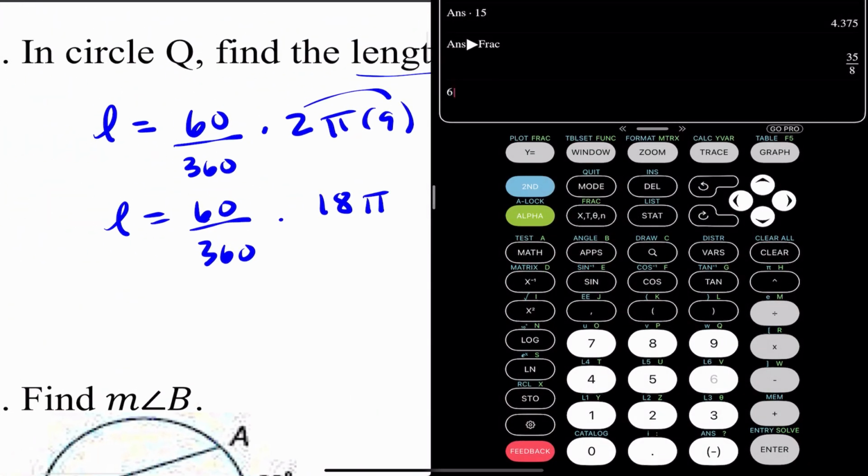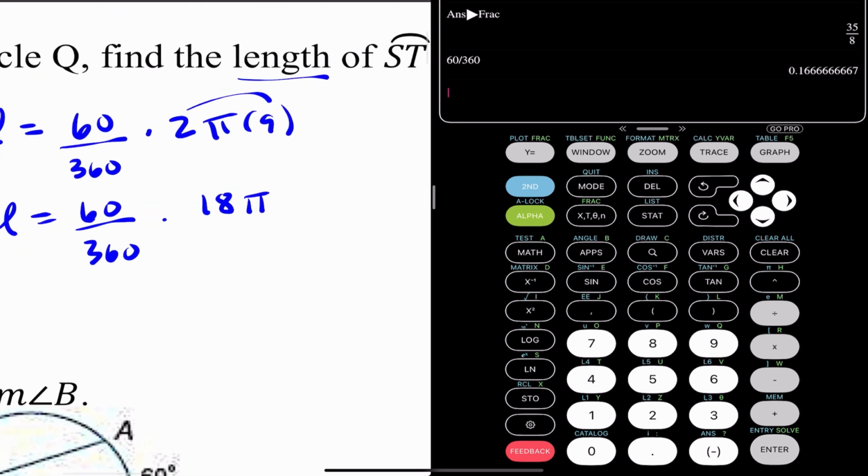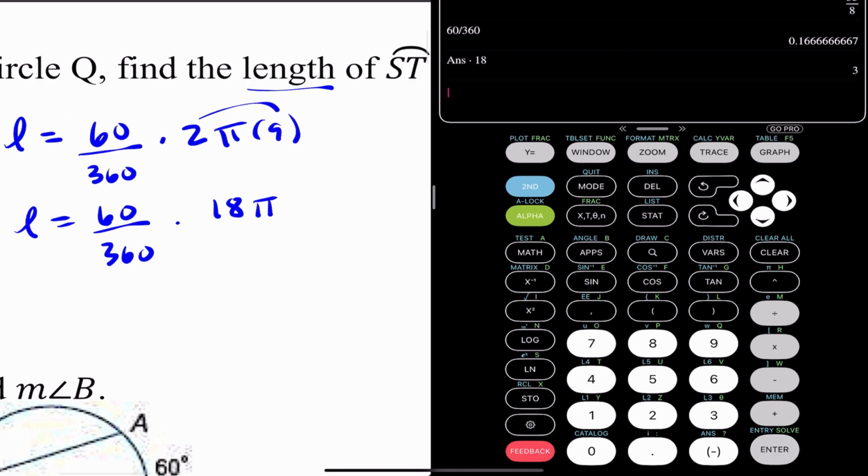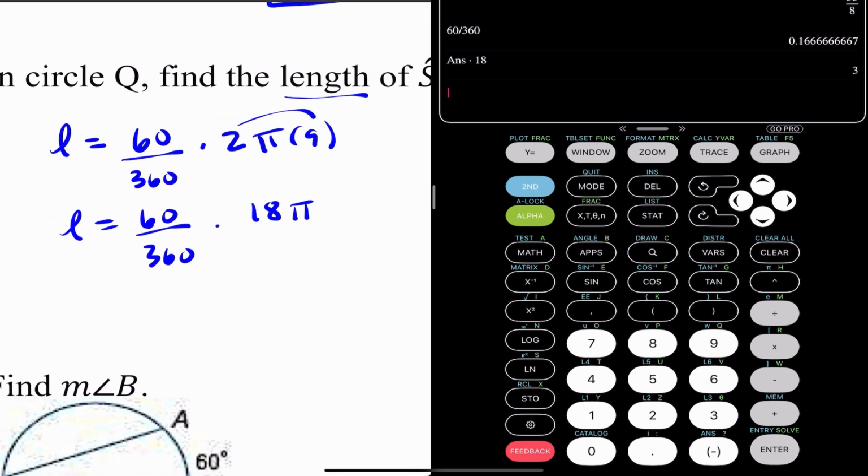I'm going to input 60 divided by 360 into my calculator, and then we'll multiply that by 18. So, well, that's great. I don't need to convert that 3 into a fraction because 3 is basically a whole number. And that's essentially 3 over 1, or just 3. So L is equal to 3 what? 3 pi, and this is your answer.